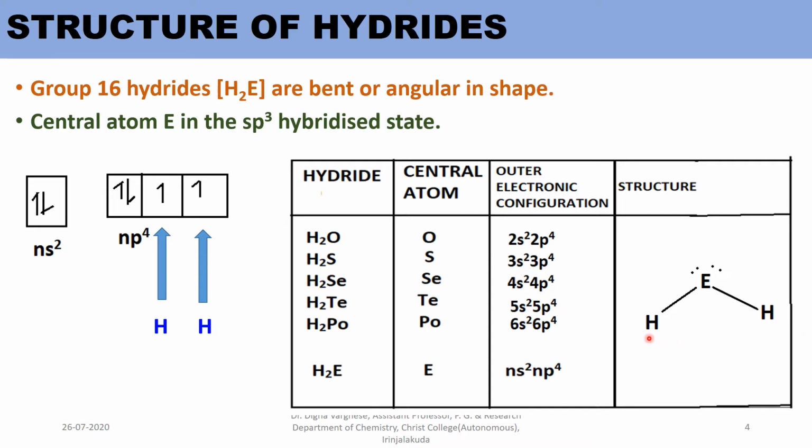The bond pair is formed by the overlapping of the 1s orbital of the hydrogen atom and the np orbital of the corresponding central atom, forming the bent or angular structure. So the hybridization of hydrates is sp3.